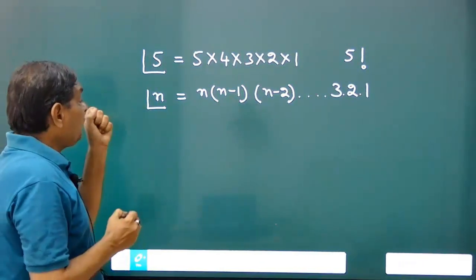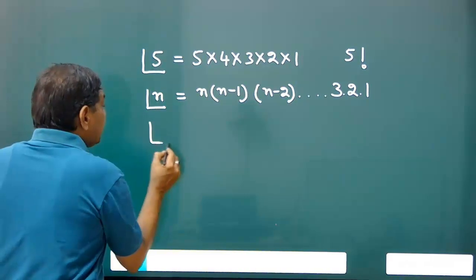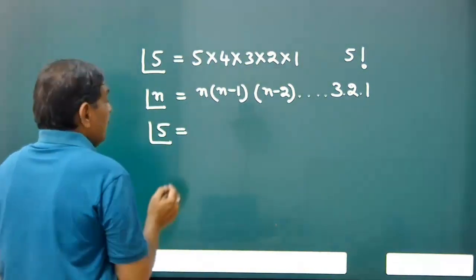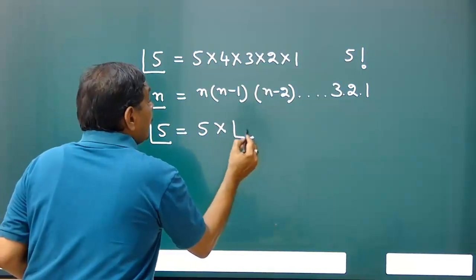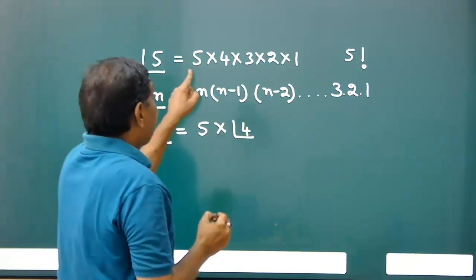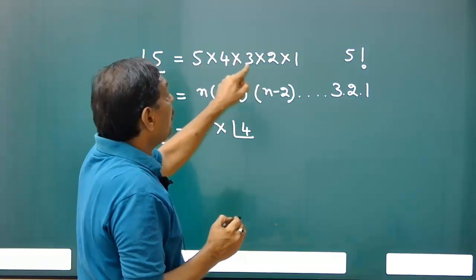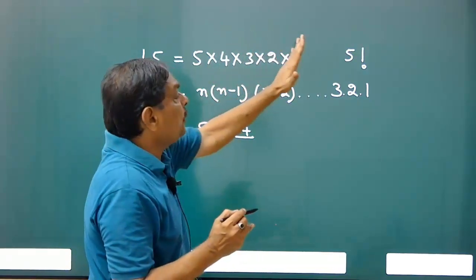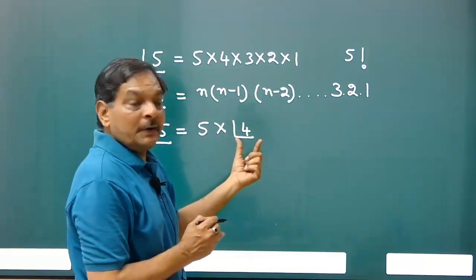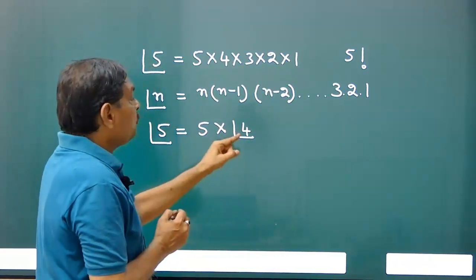Now factorial 5 can also be written as 5 into factorial 4, because factorial 5 means 5 into 4 into 3 into 2 into 1, and 4 into 3 into 2 into 1 can be written as factorial 4. So it is 5 into factorial 4.